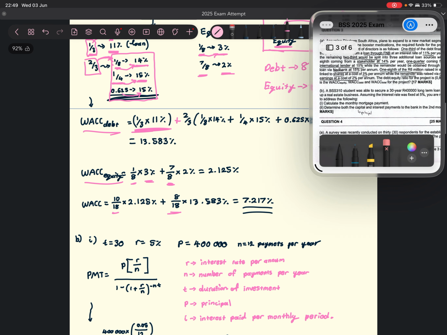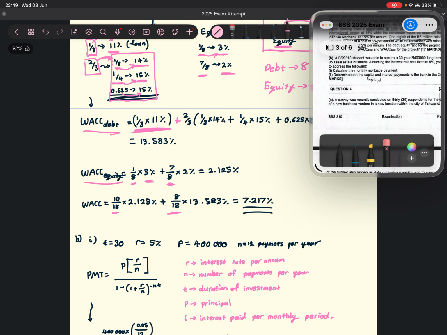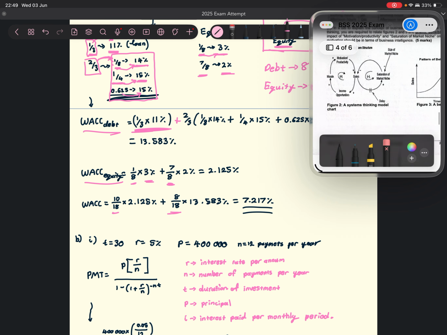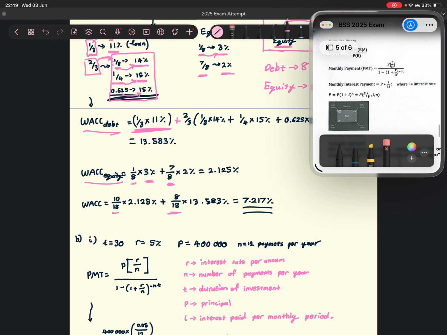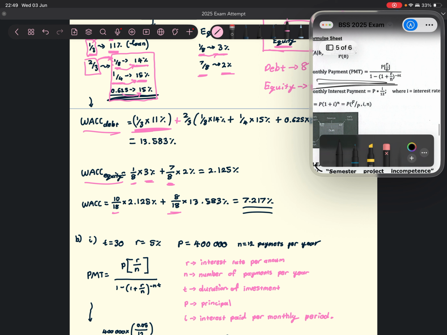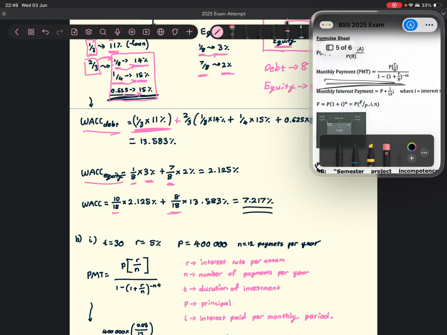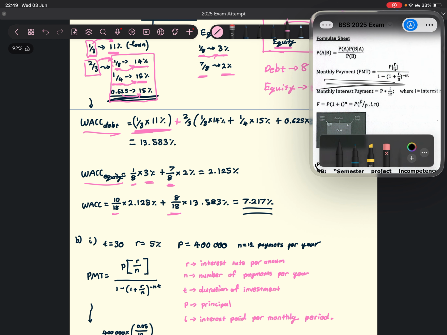Cool. So to calculate the monthly payment, we use this equation over here, and P is going to be your principal. In total the principal is going to be 400,000.